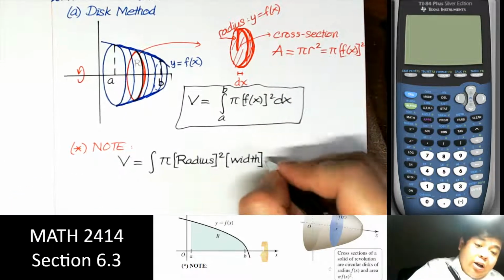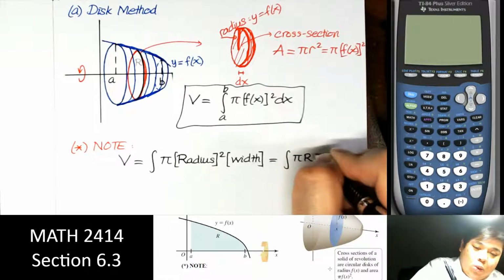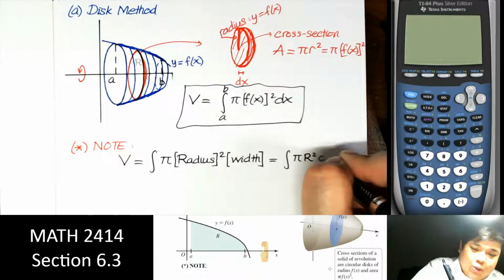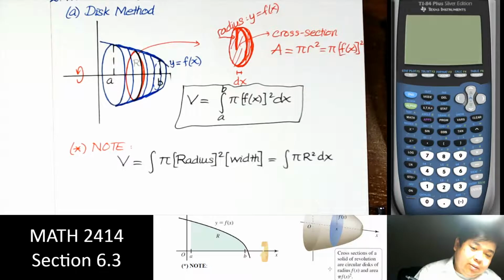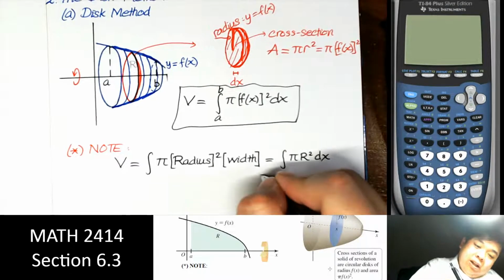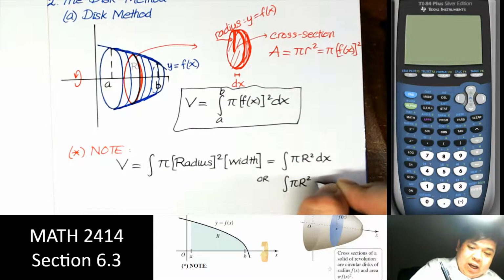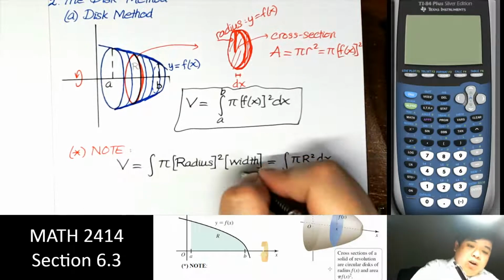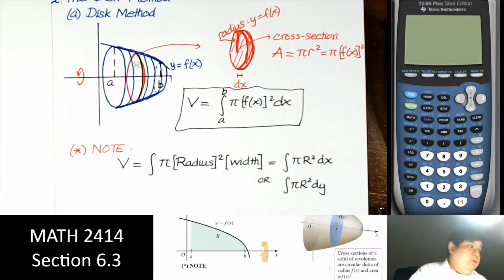In particular, in this case, we have pi r squared and we can use dx. In the next part of the section, we could use dy too. But if it is x, the function has to be in terms of x. If it is y, or later when we use pi r squared and dy, we could do that too. But the width here is either dx or dy, and r, the radius, has to be a function of x or a function of y.